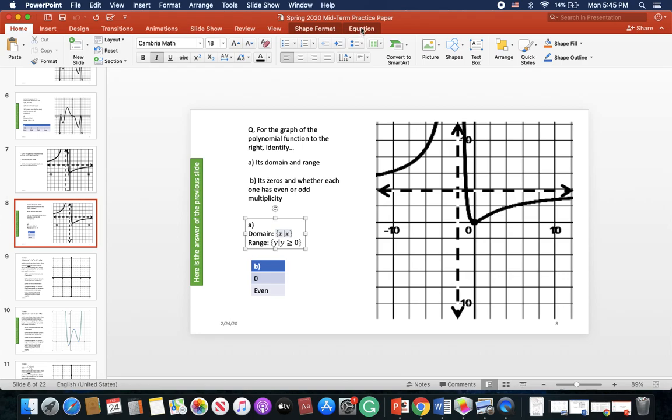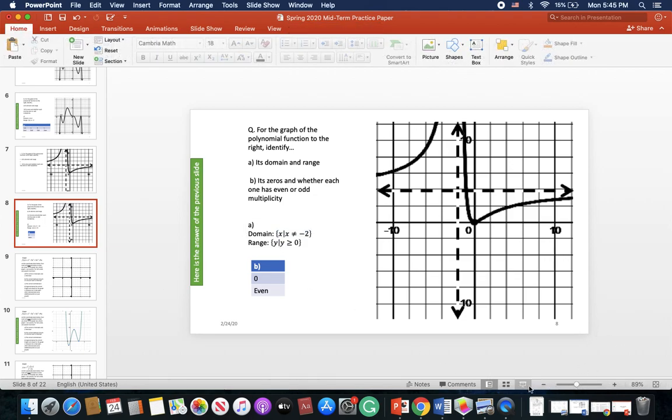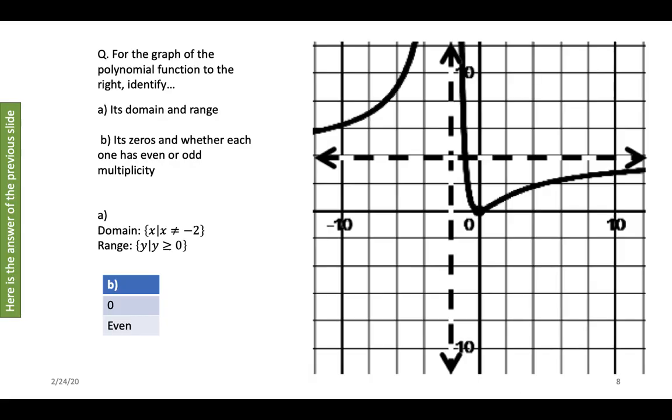We have to do the correction here. x is not equal to -2 because at -2 we have an asymptote here. So -2 is not possible. Other than -2, all the values are possible. And the range is 0 and more than 0, everything. So this is the range and domain.